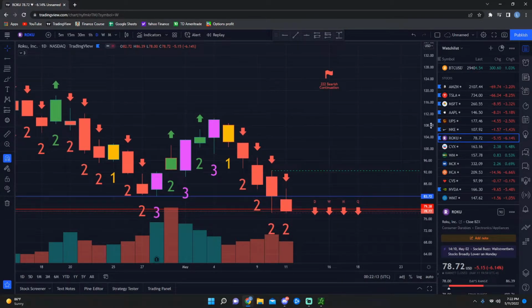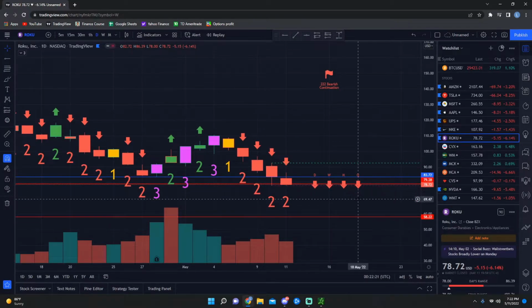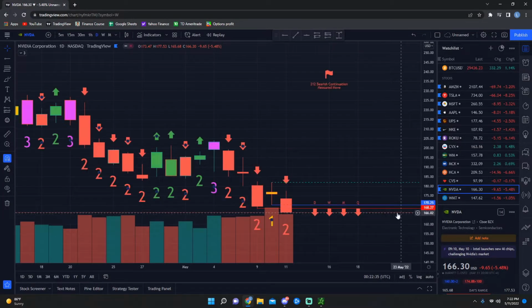The contracts I'll buy, I don't look at anything else on my contracts. I keep it very simple. For Roku, I bought a 79 put because my target was 79.38. I buy the contract that is closest to my target. For instance, Nvidia, I would have bought a 168 put.